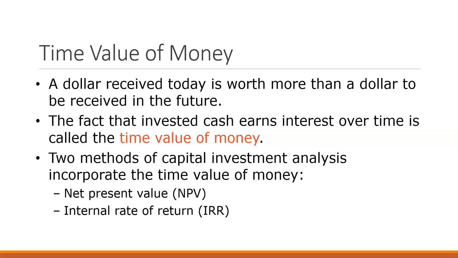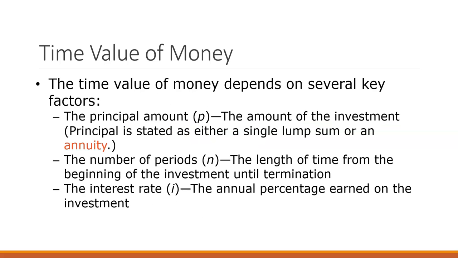The two capital investment analyses that incorporate the time value of money are net present value, NPV, and internal rate of return, IRR. The information that we need for the time value of money starts with the principal amount. So what's the amount of the investment?